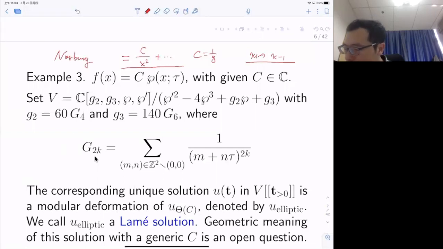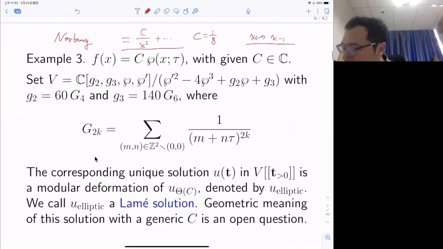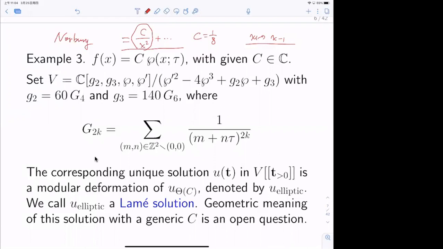And the question is whether there exists a certain cohomology class such that for the deformation of this 1/8 over x square, the integral is also governed by this solution. So yeah.